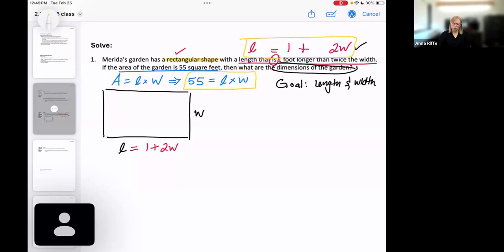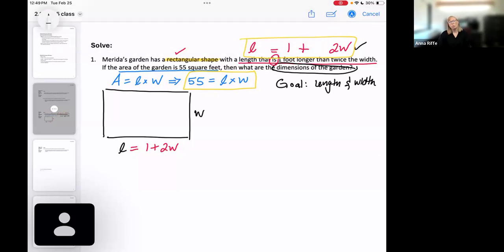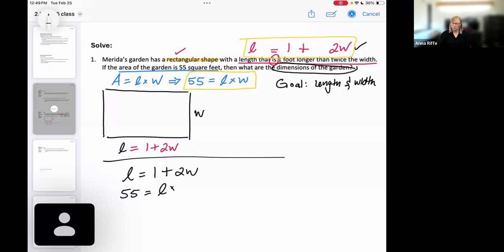Length times width is equal to 55. If I can somehow rewrite these two equations as one equation with only one variable, then I can solve. So I'm going to use these two equations. L is equal to 1 plus 2W, and 55 is equal to L times W.